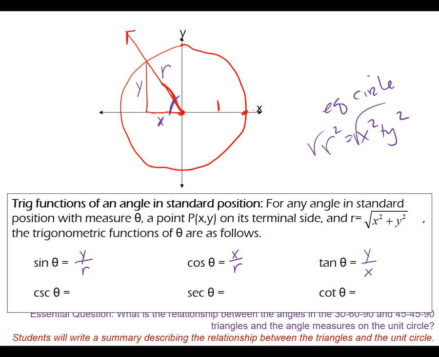How do I get the other 3? I can just flip them, right? So I have r over y, r over x, and x over y. So basically what that's telling us is we can use this reference triangle to find the sine, cosine, tangent of any angle on the unit circle.